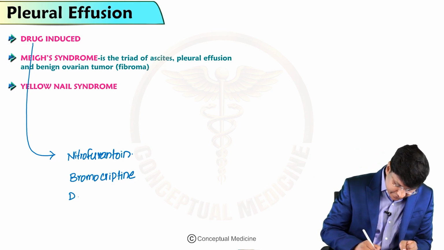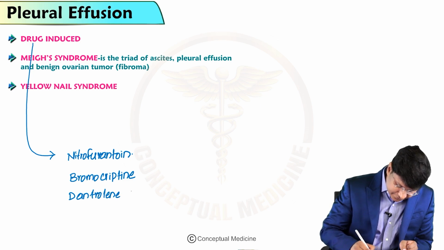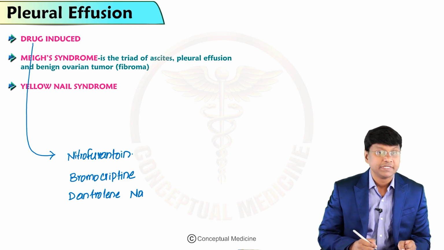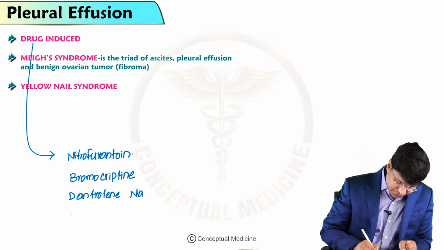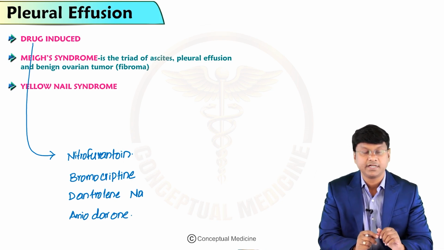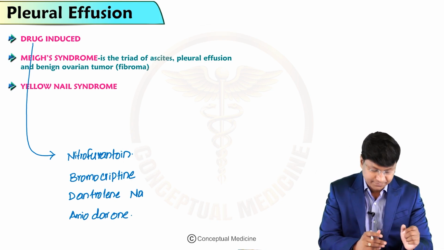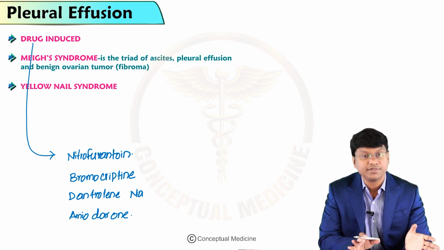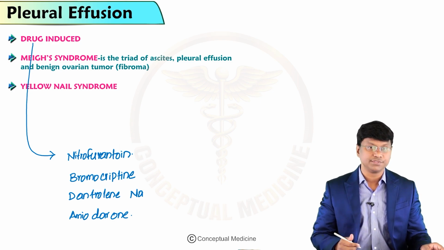Then we have dantrolene sodium, and next amiodarone. Amiodarone is a class 3 antiarrhythmic drug used in the treatment of ventricular tachycardia, ventricular fibrillation, or even atrial fibrillation. So these are the drugs which can contribute to the development of exudative type of pleural effusion.